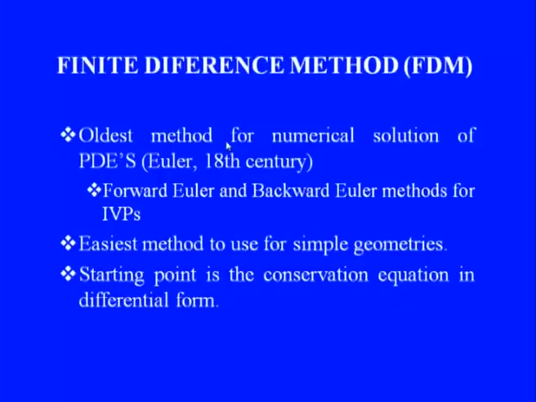And the starting point is the conservation equation in differential form. This is what we had derived in the previous module, and we would use the techniques which we learn today and in the next few lectures for difference approximations of the derivatives in our governing equations, and that would be used in obtaining a discrete form for numerical simulation.